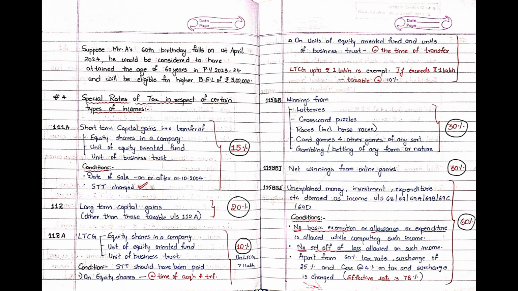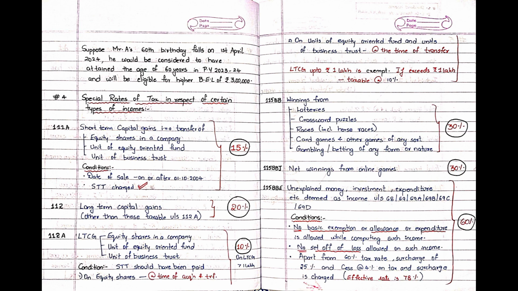But there are certain conditions which are to be fulfilled for this 15% rate of tax to be levied. Those conditions are: number 1, the date of sale should be on or after 1st October 2004, and STT, that is Securities Transaction Tax, should be charged.